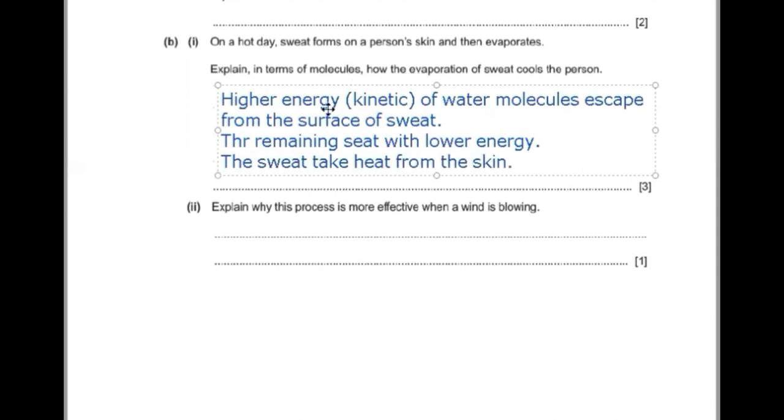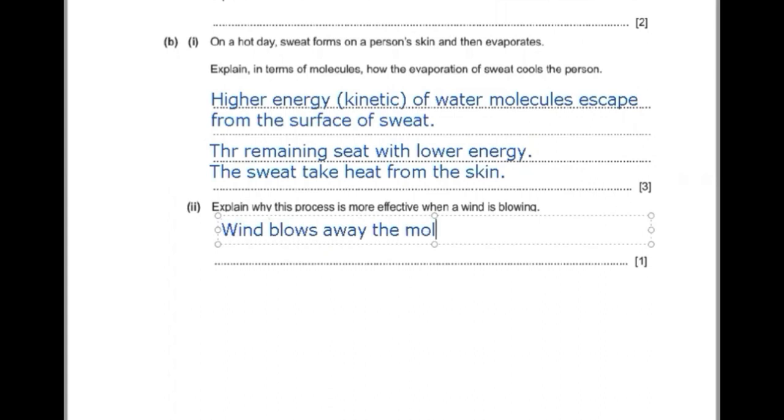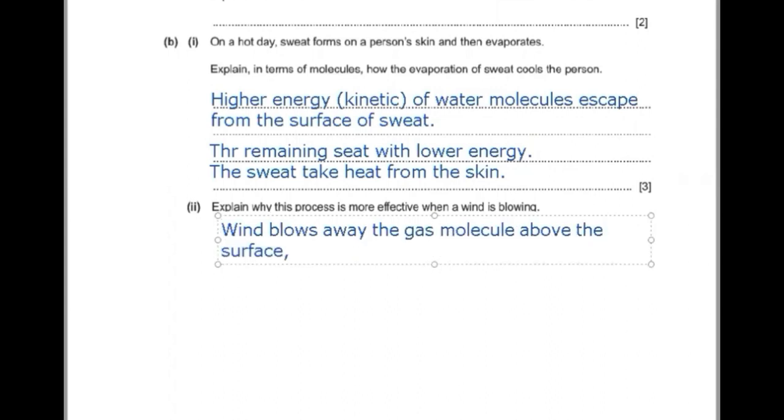That's why we feel cold. This is the reason why we feel cold. Why does this happen? Blow. Then this one you can say the wind. Wind blows away the molecules above the surface. They become gas already. Then the molecules will not re-enter the water, the liquid.